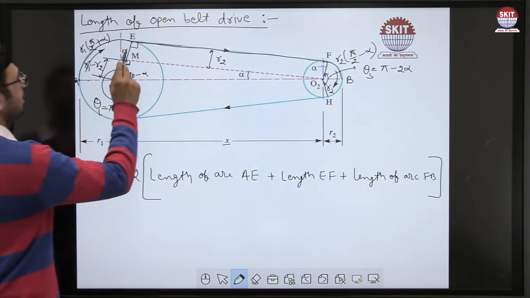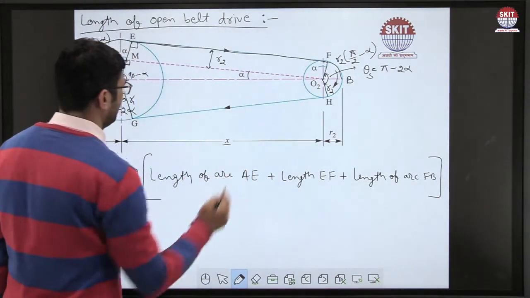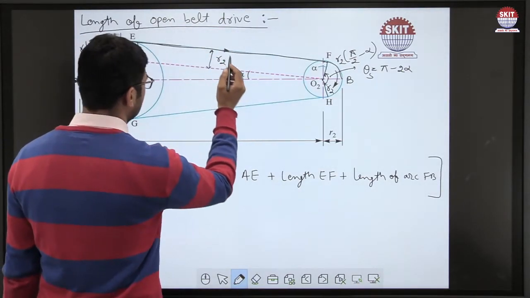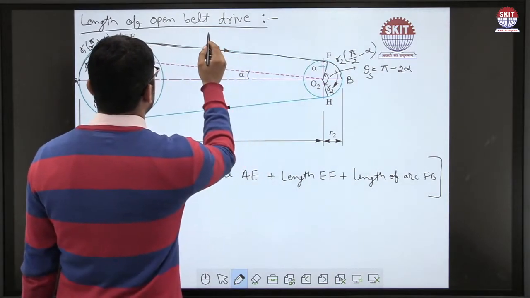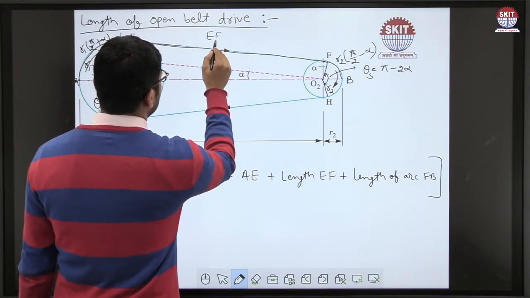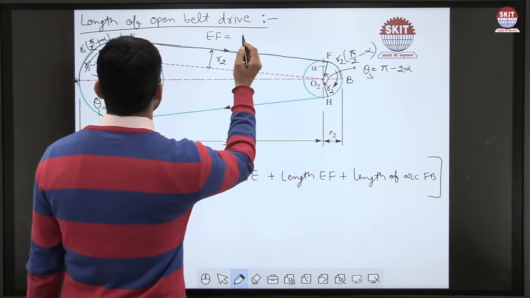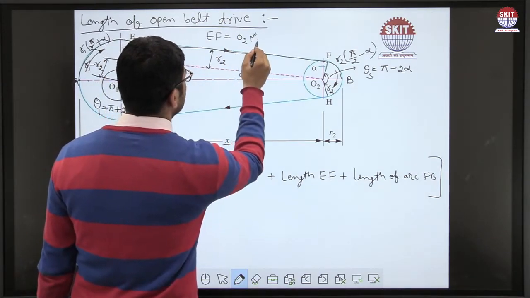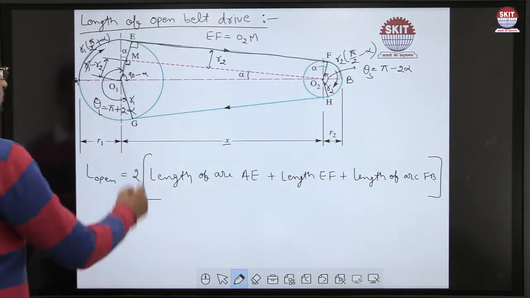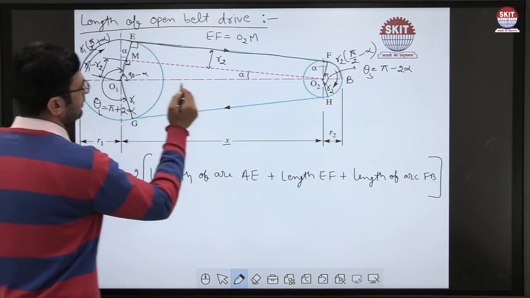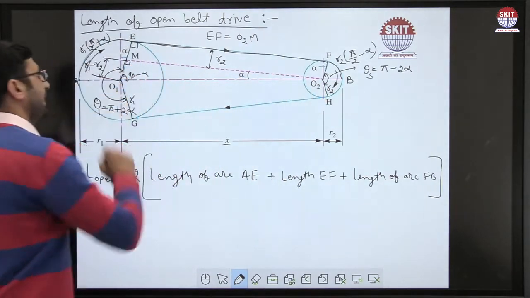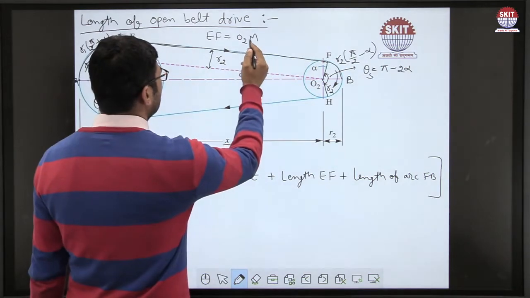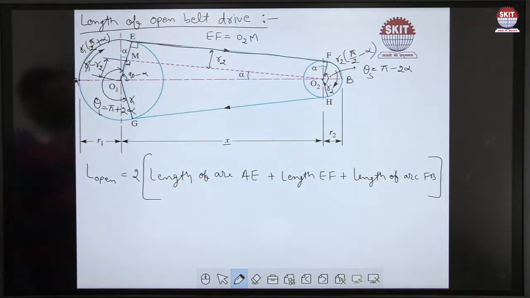Now remaining is the length of EF. EF length is equal to length O2M, and this length is found from this right angle triangle O1 O2 M. Find the O2M length, and O2M length is equal to EF length.